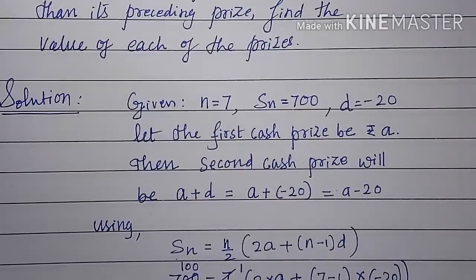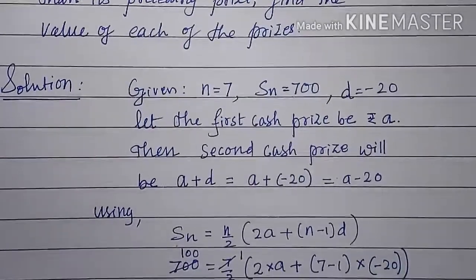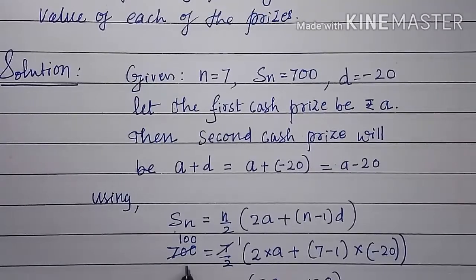Using Sn formula, Sn equal to n by 2 into the bracket 2a plus n minus 1 into d. In place of Sn, we will write 700. n is 7. So in place of n by 2, we will write 7 by 2. a we don't know, we have to calculate. So we will keep a as it is.